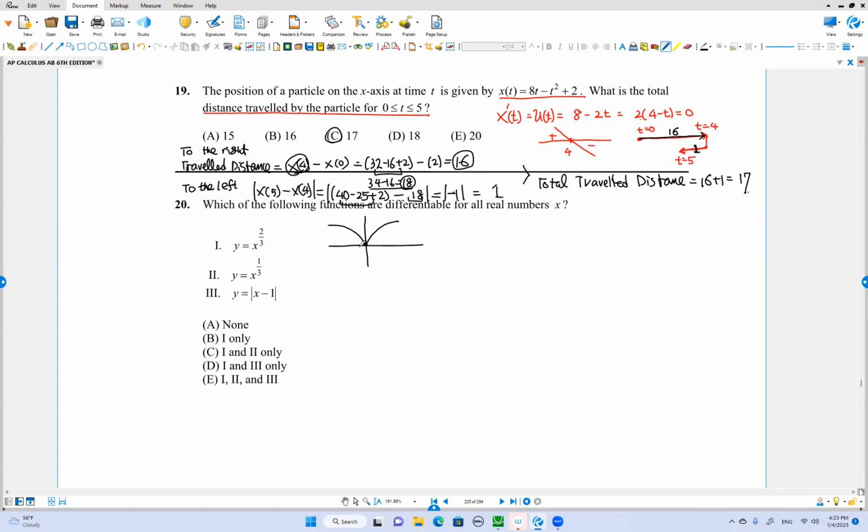A cusp, isn't it? Yeah. So try this one, dy/dx. dy/dx is what? 2/3 times x to the negative 1/3. So 2/3 x to the what? 1/3, isn't it? Try x equals 0. At x equals 0, 2/0 is undefined, right? Yeah. So dy/dx at x equals 0 is 2/0, that is undefined. This is not differentiable, okay?